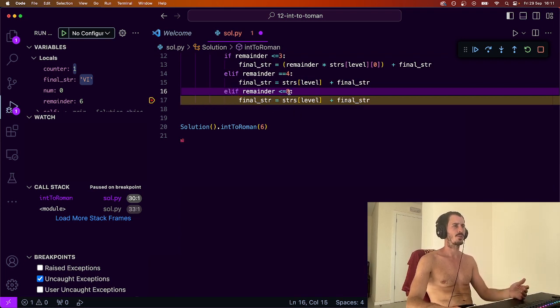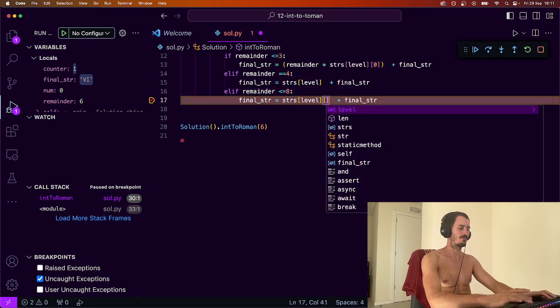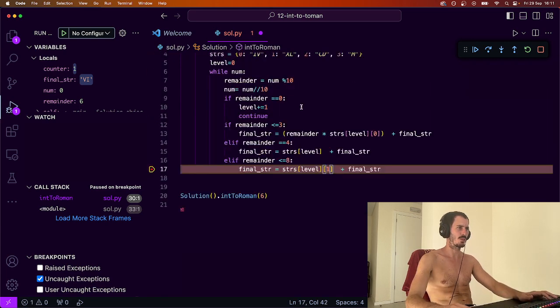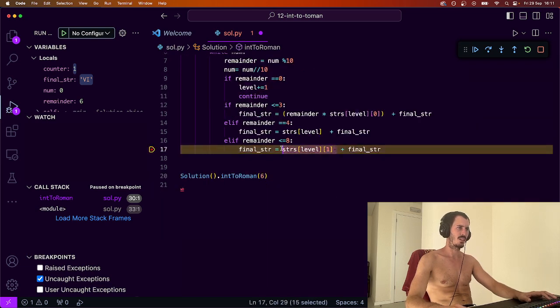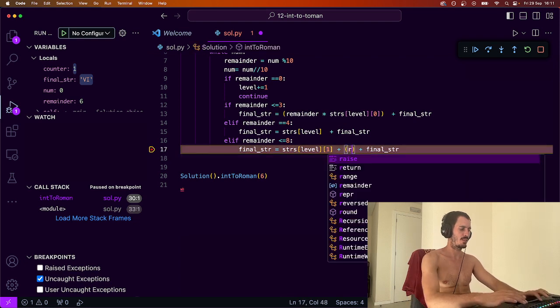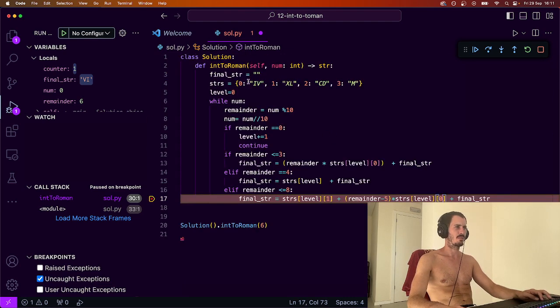Elif remainder is smaller or equal than 8, so we do strings of level 1, because we want to start with a V, and then plus remainder minus 5 times the character I. And why remainder minus 5?